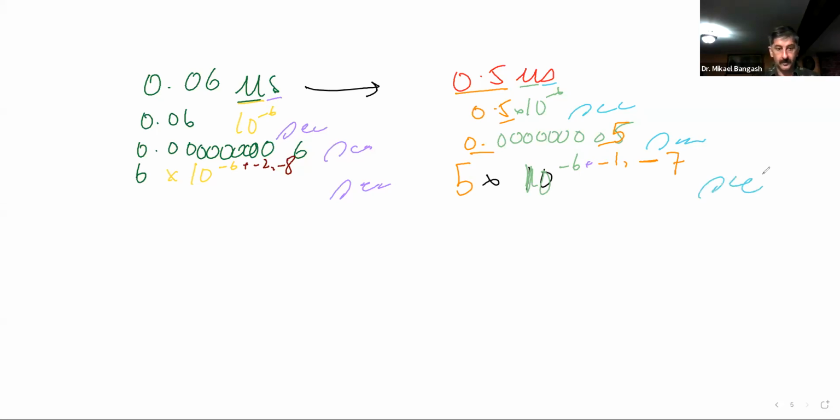So the final result is going to be 5 times 10 raised to the power -7 seconds, or 10 million of a second. But as far as the value goes, all of these are the same.